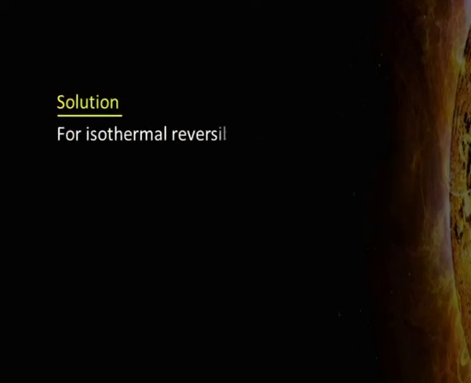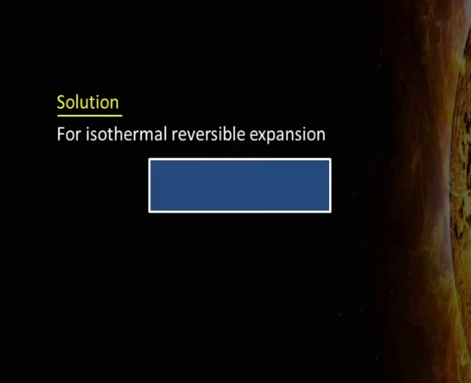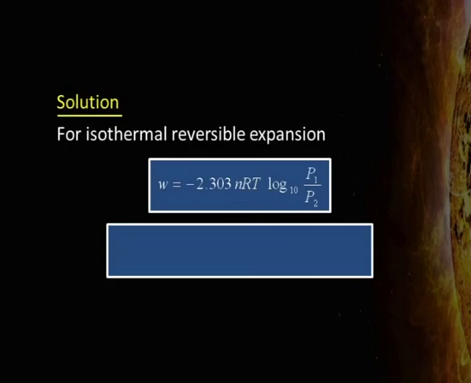For isothermal reversible expansion, W is equal to minus 2.303 nRT log of P1 upon P2, which is equal to minus 2.303 multiplied by 1 multiplied by 8.314 multiplied by 273 multiplied by log 1 upon 0.1.